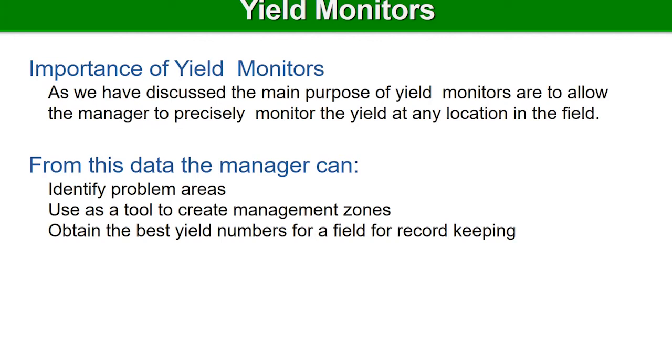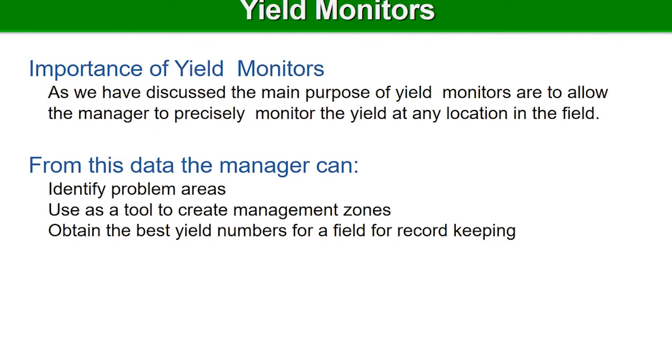Based on that, we can write a prescription map. And over the years, we can compare it and classify it by wet or dry year.